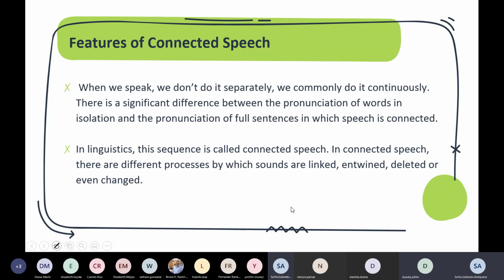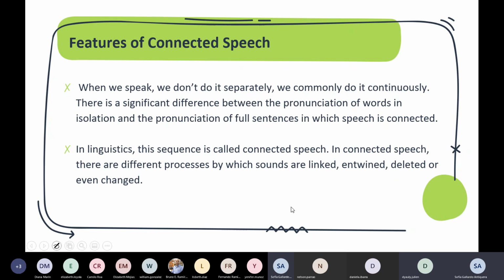Features of connected speech. When we speak, we don't do it separately, right? We commonly do it continuously.